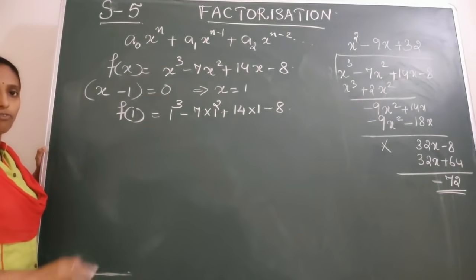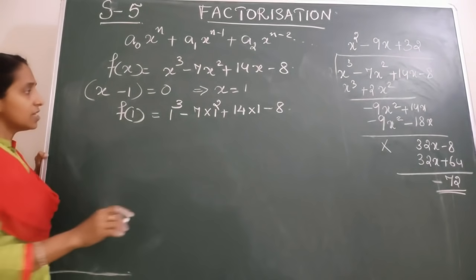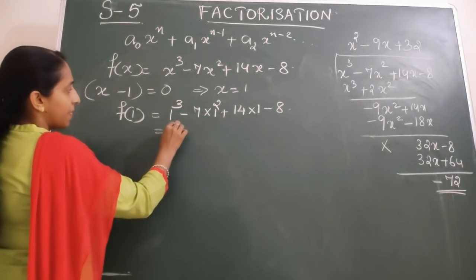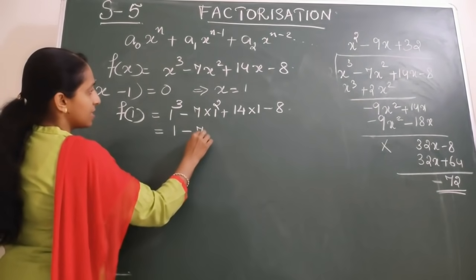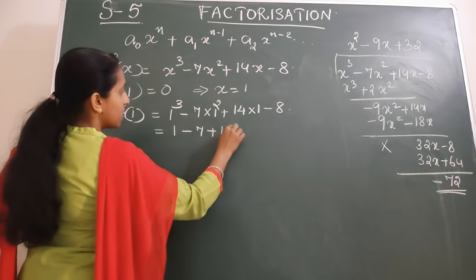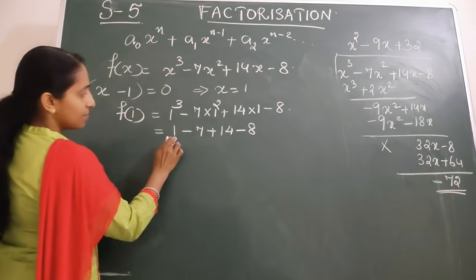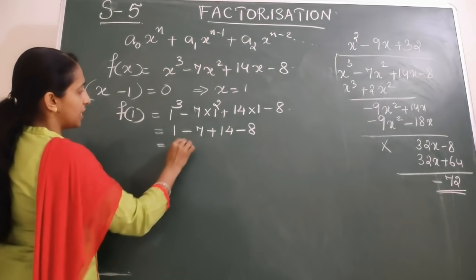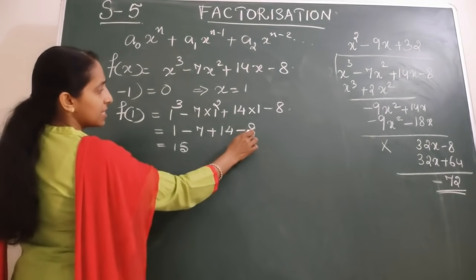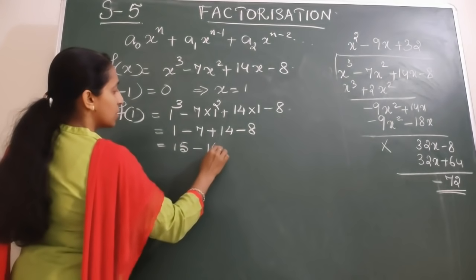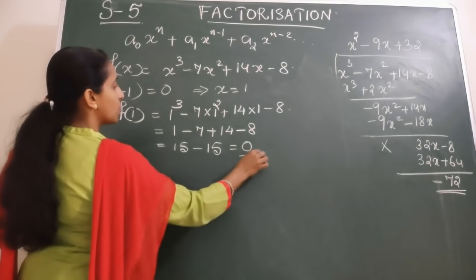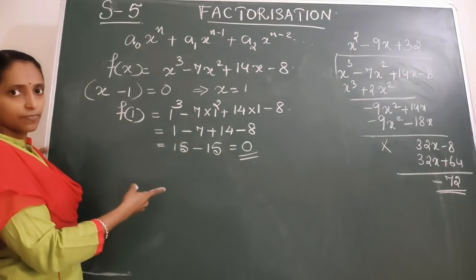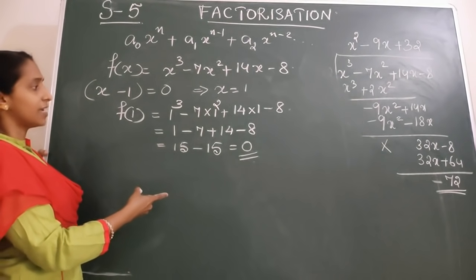That is f of 1. So you get 1 minus 7 plus 14 minus 8. 14 plus 1 is 15. Minus 7 minus 8 is minus 15. So you get the value equal to 0. Did you get it? Okay.